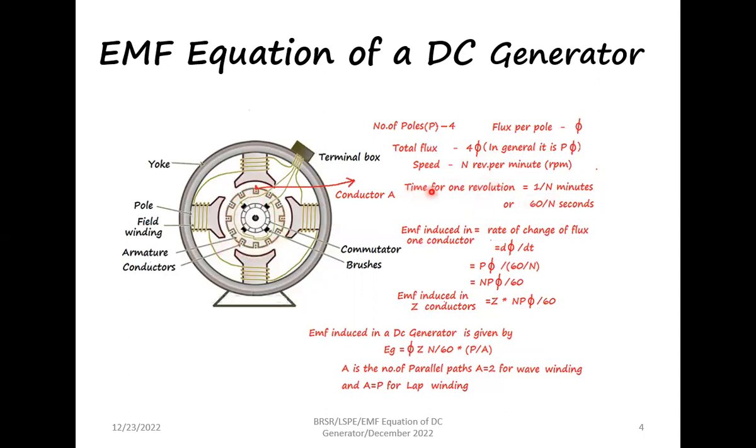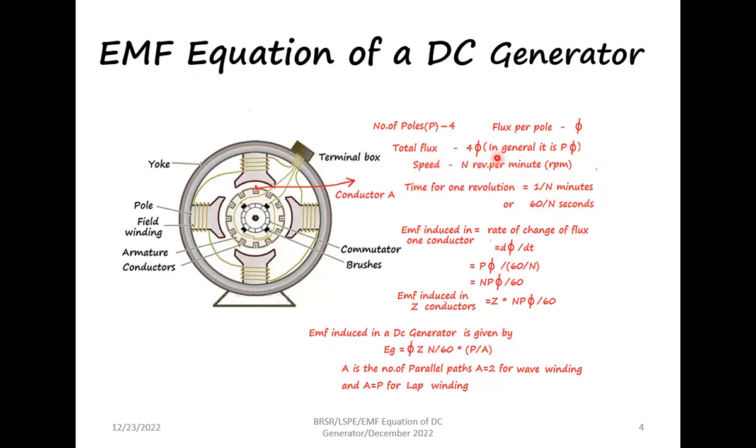The time for 1 revolution is 1 by n minutes. If it is rotating at 1000 RPM, then the time taken for 1 revolution will be 1 by 1000. In general, it is 1 by n minutes, or in terms of seconds, we multiply this by 60, so it is 60 by n seconds.